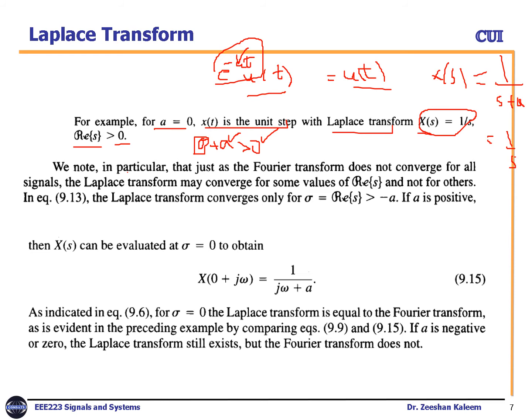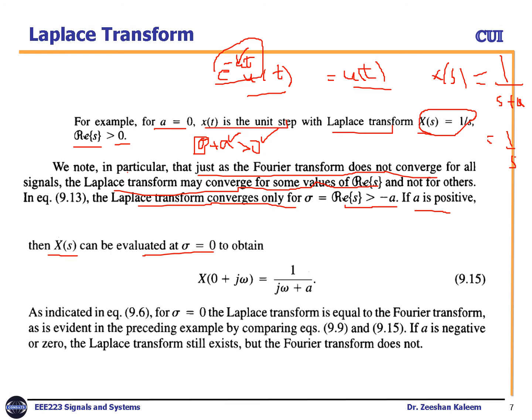We know that, in particular, just as the Fourier transform does not converge for all signals, the Laplace transform may converge for some values of the real part, not for others. So in the equation, the Laplace transform converges only when sigma, or the real part, is greater than minus a, and if a is positive, then X can be evaluated at sigma equal to 0. What does it mean?